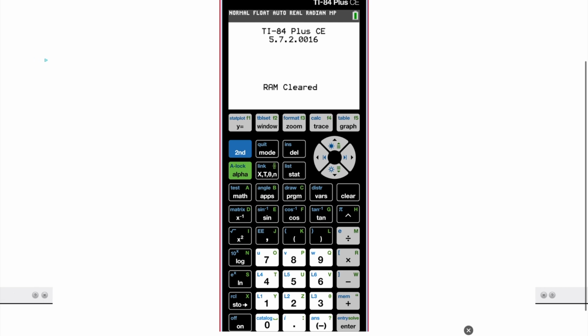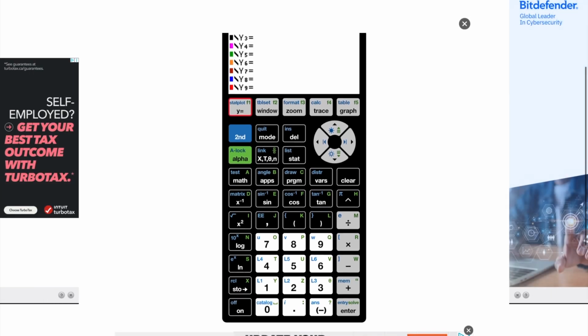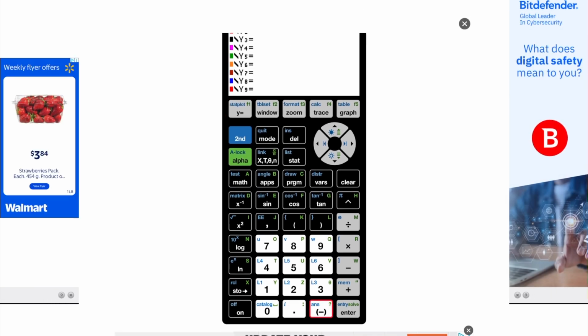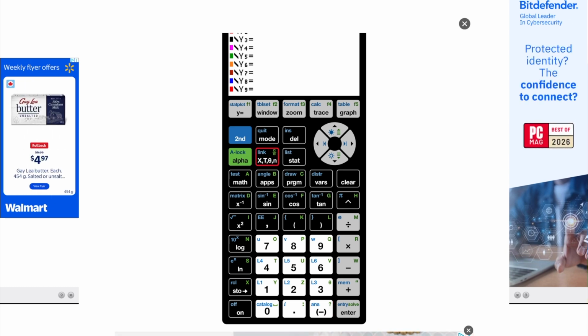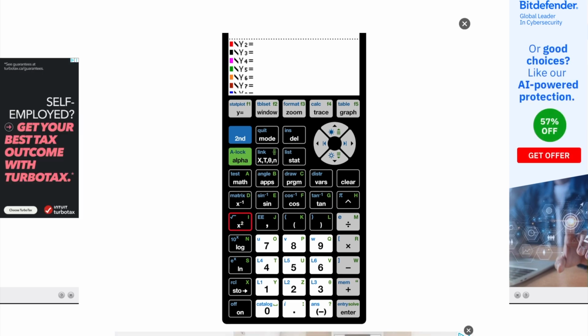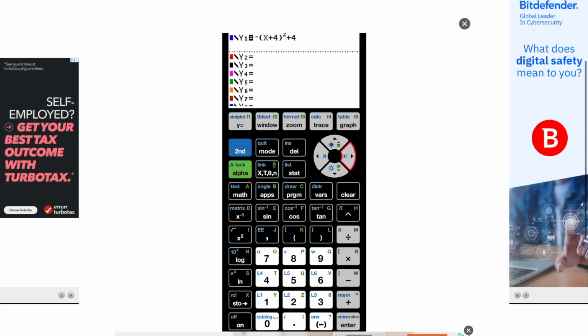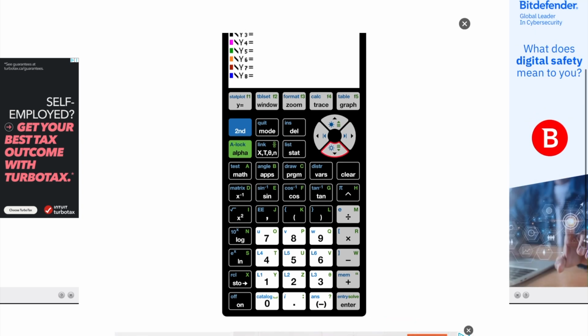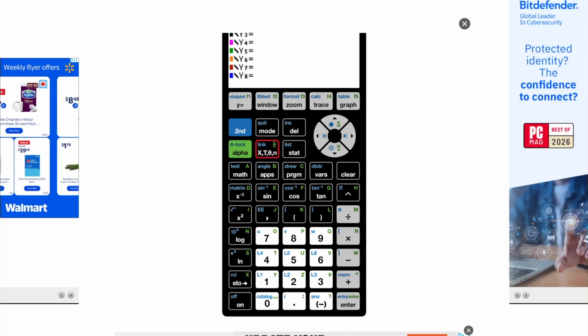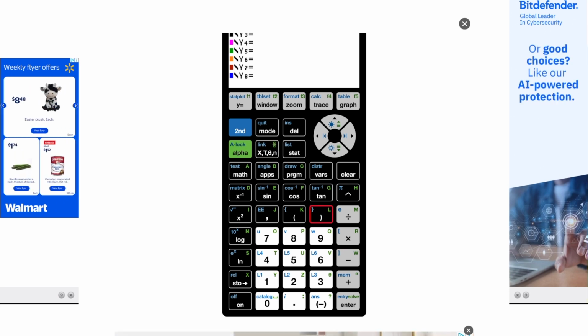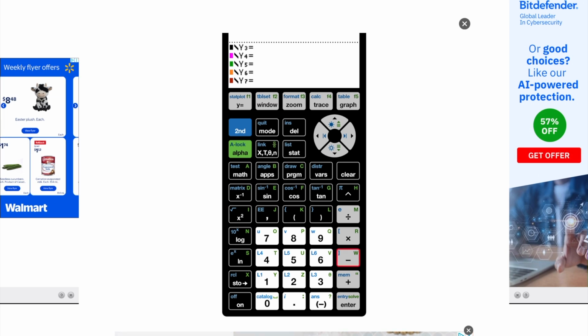Your y is equal to -(x + 4) squared plus 4, and my second equation is (x - 1) squared minus 9.